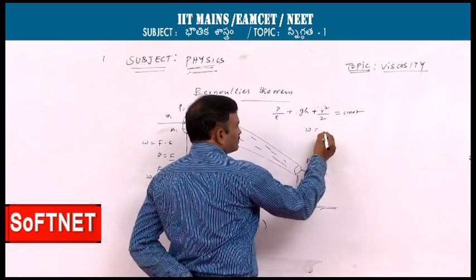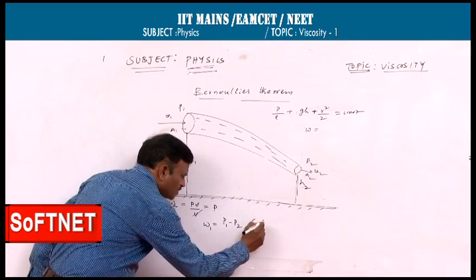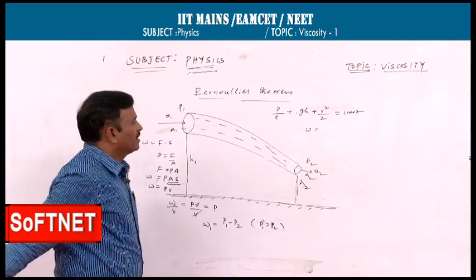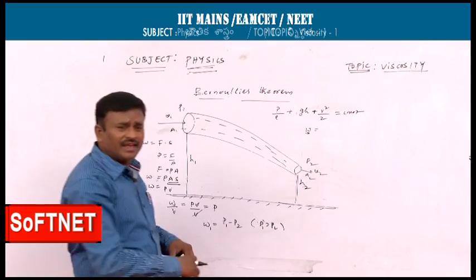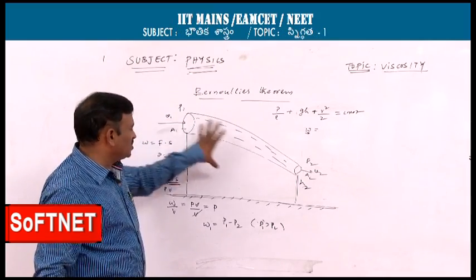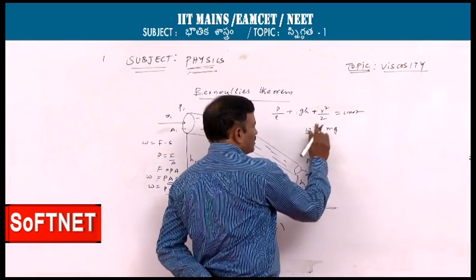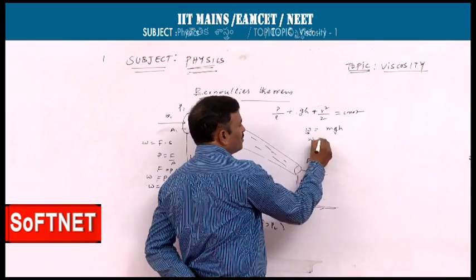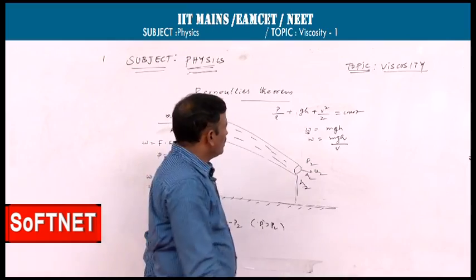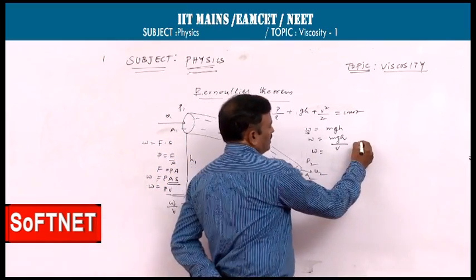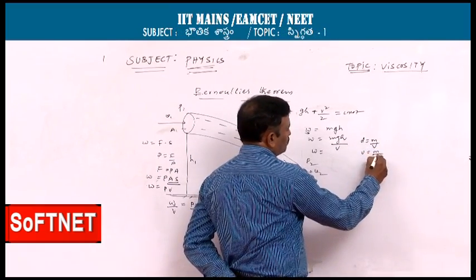Next, the work done due to the potential energy, mgh. Here P1 is greater than P2. There is higher potential energy at one height and lower potential energy at the other because of height. So mgh1 is the work done, and per unit volume it is mgh by V. Density is mass by volume, so volume is mass by density.